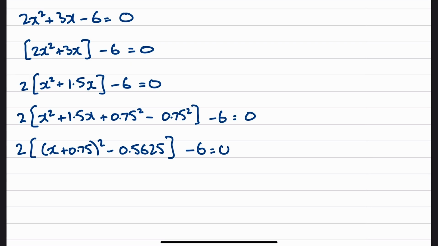minus 6 equals 0. Now in this case we can't just simply open the brackets up. What we need to do is multiply these by 2.